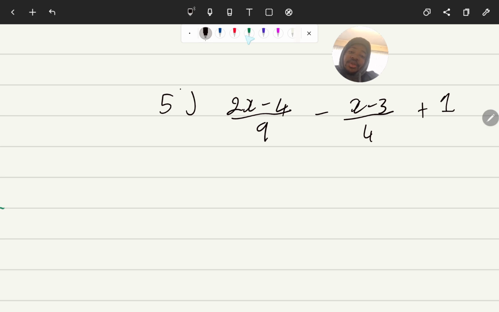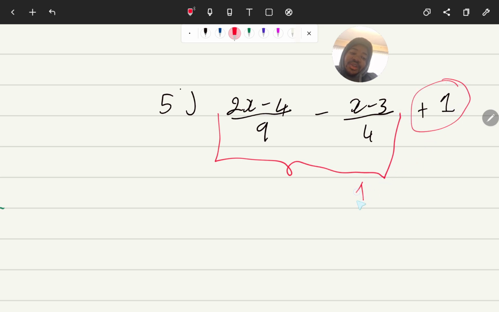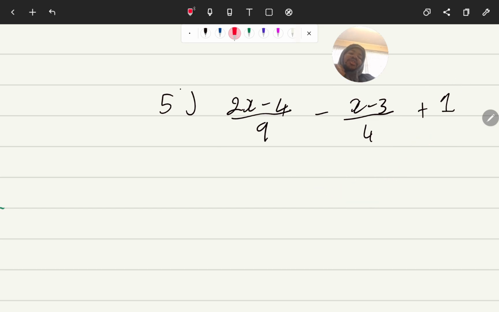You start with these two first, and after you have added them, whatever you get, you are going to add it to the one, right? Let's see if it's really going to be messy or not, right?